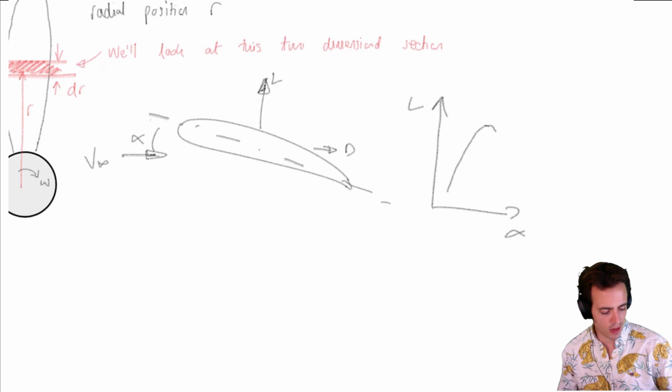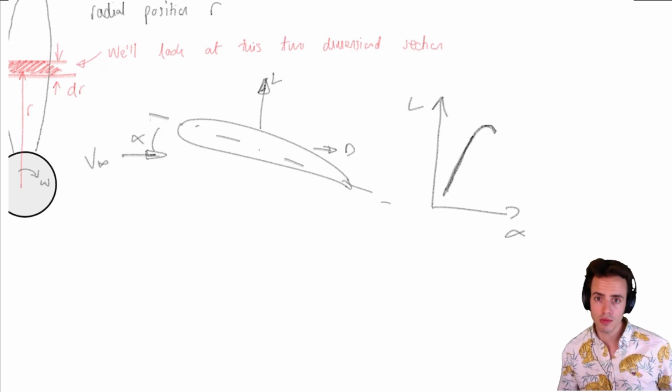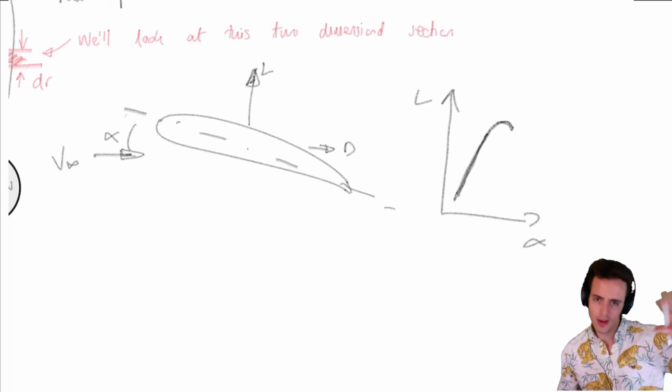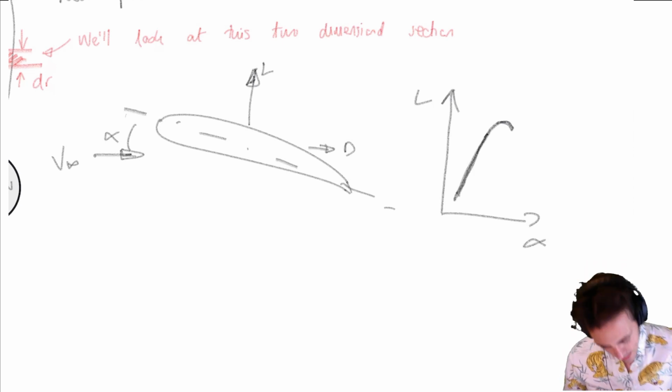Okay, we have a relatively linear part at the start, and then we have a non-linear stall occurring. Let's not worry too much about drag. Actually, we'll just look at lift on here because drag just comes out in the numerical part anyway.